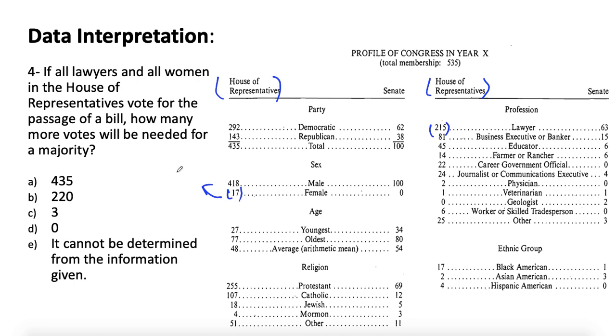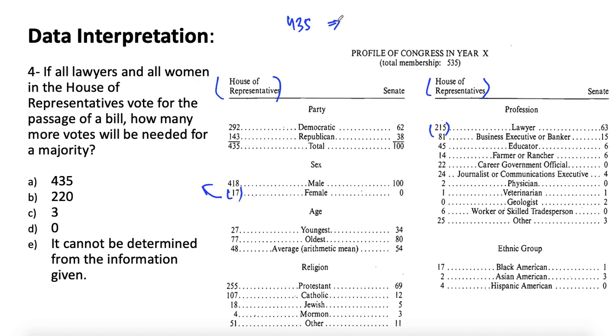So actually, what is a majority? By majority, it means we have a value which is more than half. So in total, if this is 435, what will be the minimum value for the majority? That will be something a bit greater than half, right? So what is that value?